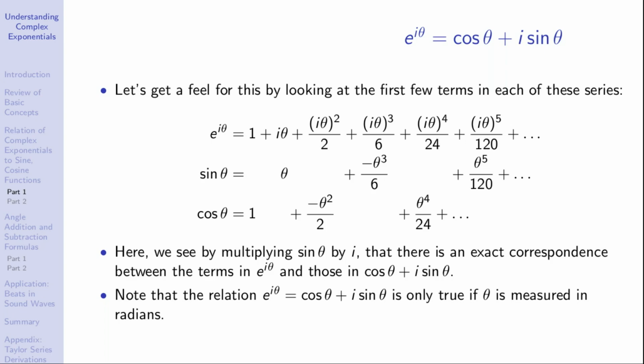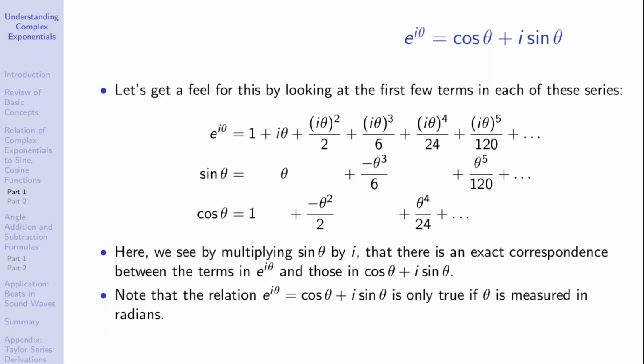We can see by multiplying sine θ by i that there is an exact correspondence between the terms in e^(iθ) and those in cosine θ plus i sine θ. The terms in i sine θ correspond to the 2nd, 4th, 6th, etc. terms in e^(iθ), while the terms in cosine θ correspond to the 1st, 3rd, 5th, 7th, etc. terms in e^(iθ).